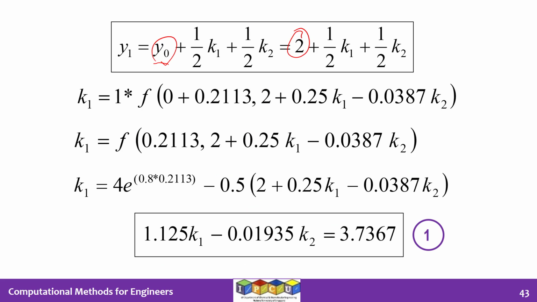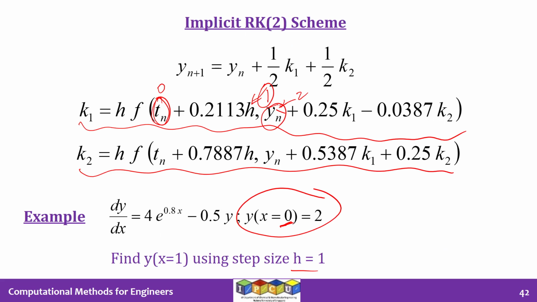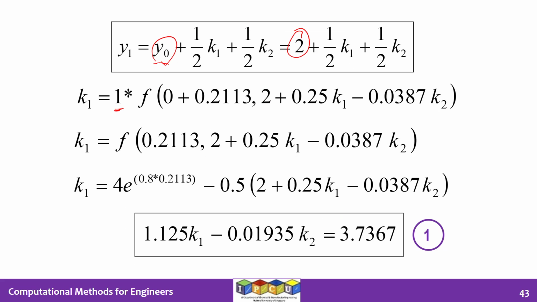So k1 is h multiplied by the function evaluated at t0, which is 0 here because we are starting at x is equal to 0, plus 0.2113 times h. h is 1, comma, yn, which is 2 as discussed earlier, plus 0.25 times k1 minus 0.0387 k2. So this is k1. This simplifies with h is equal to 1, so 1 times f is just f.